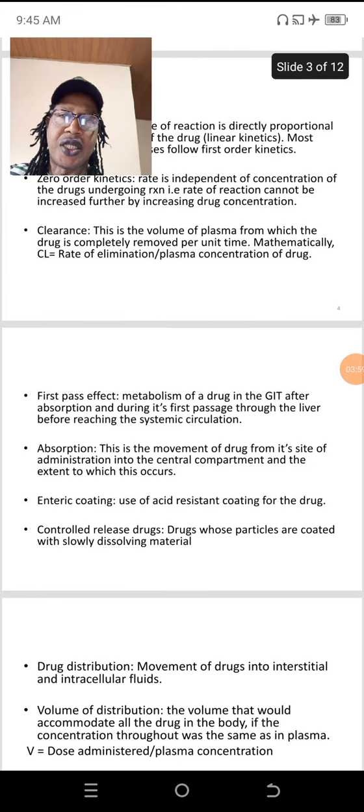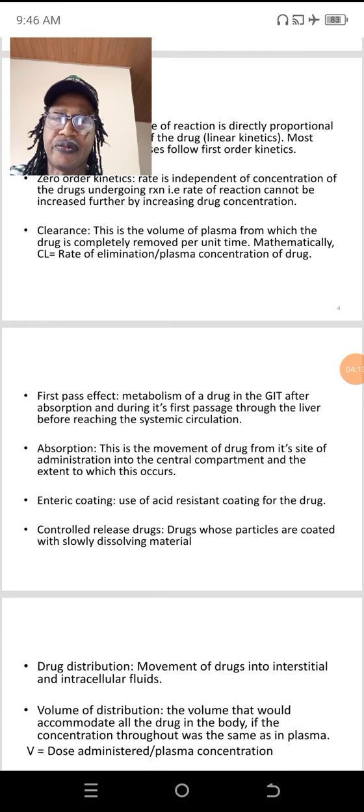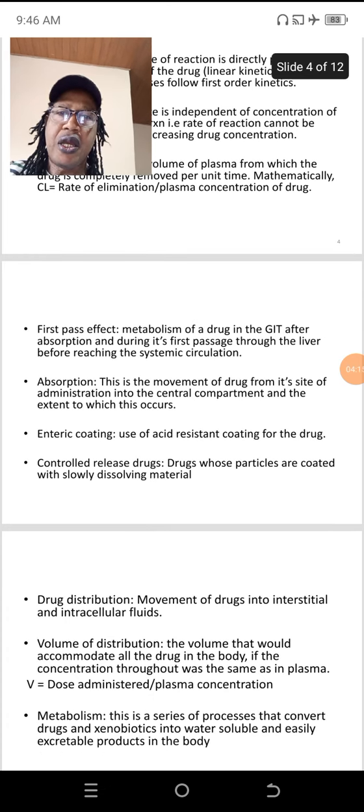First pass effect. This is the metabolism of a drug in the gastrointestinal tract after absorption and also during its first passage through the liver before reaching the systemic circulation. Absorption is the movement of drug from a site of administration into the central compartment.